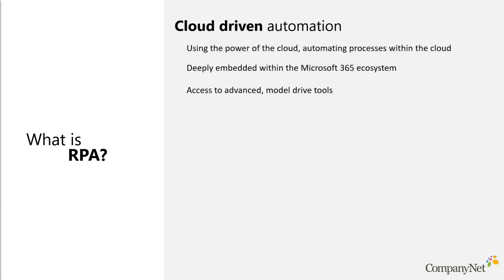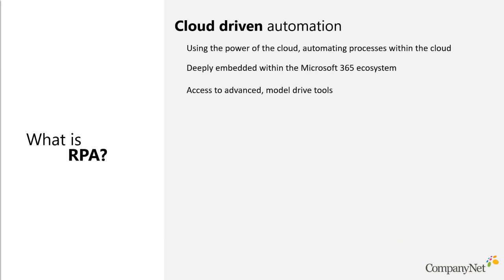So using the power of the cloud to automate processes within the cloud. Specifically, we talk about Power Automate here to drive the automation of your processes. It's deeply embedded within the Microsoft 365 ecosystem, so everything within your M365 ecosystem is connectable.